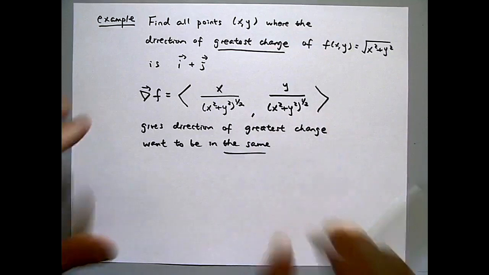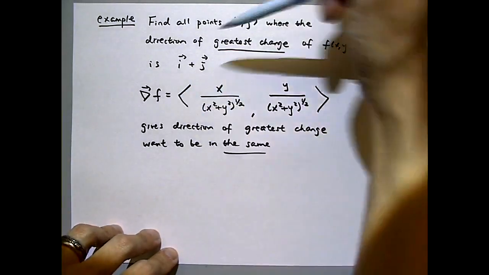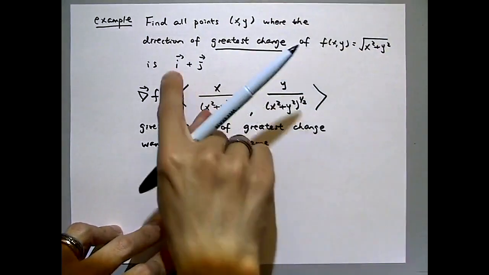And we want this to be in the same direction as i plus j. Remember, we want the direction that gives you the greatest change to be i plus j.